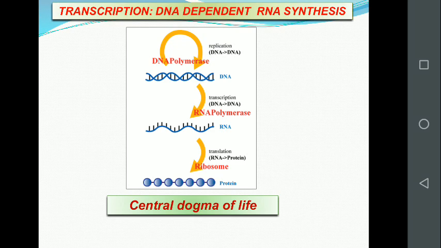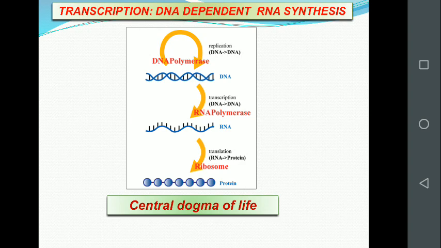So the messenger RNA is the RNA which is involved in the translation process, which has the information or code, the genetic code, for the synthesis of amino acids. So the information flows from DNA level to RNA level, from RNA level to protein level.